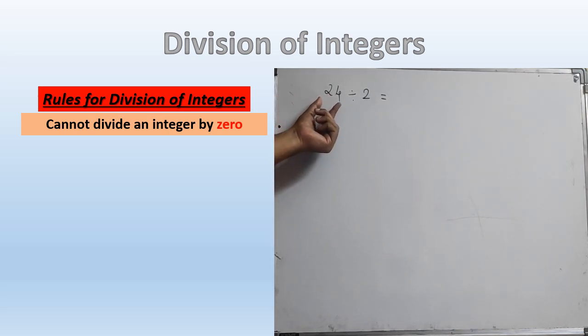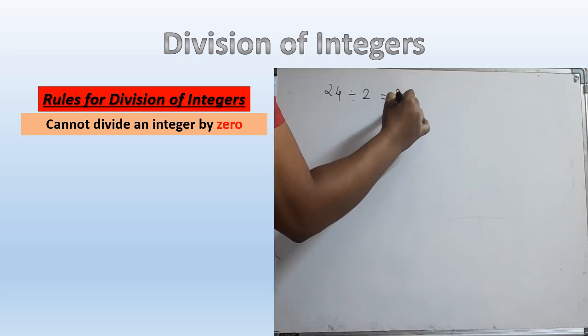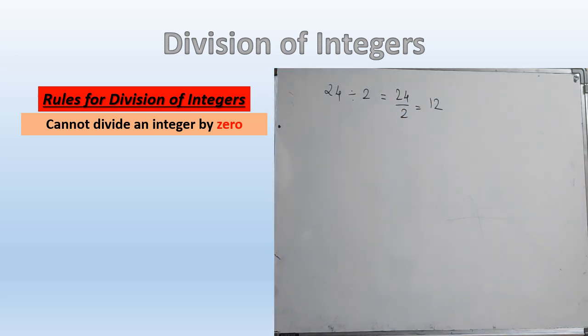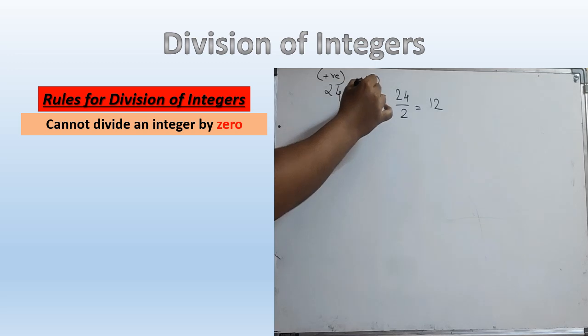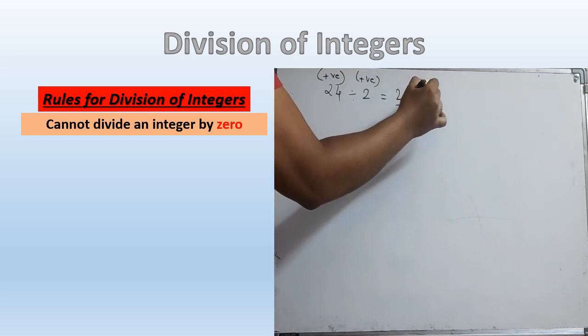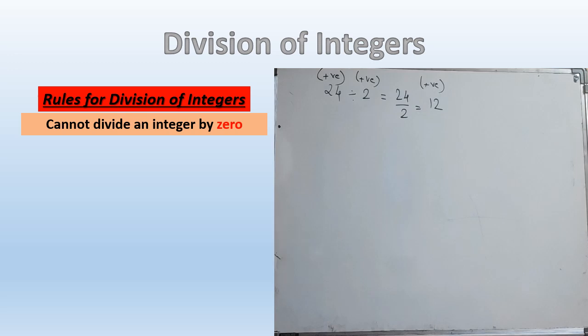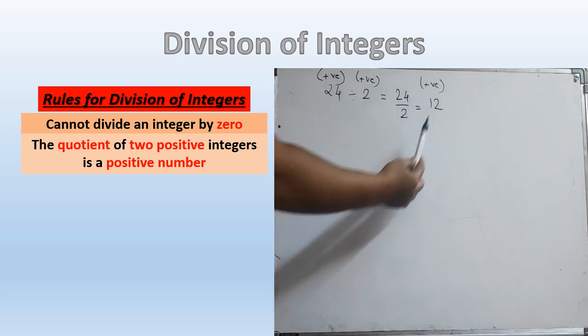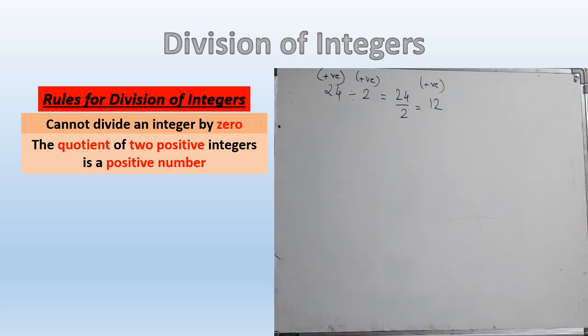So we are going to do 24 divided by 2. So 24 divided by 2, the answer is 12. So notice students, a positive integer divided by a positive integer, the quotient you get is also positive.